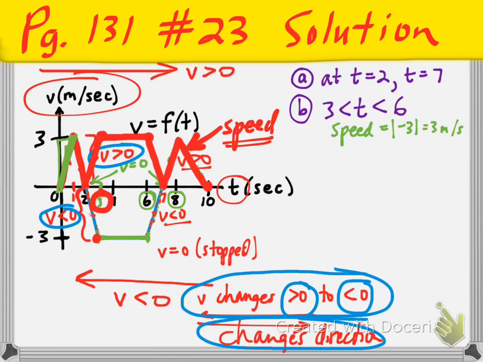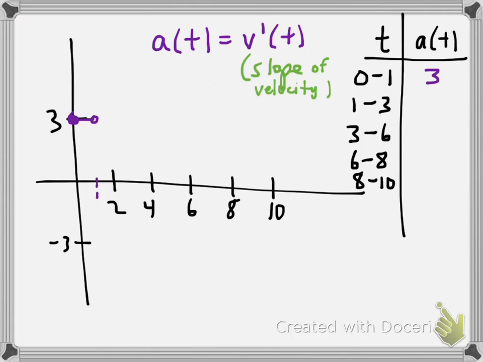So the derivative of this curve is the slope of this curve, and the slope is 3 in between t equals 0 and t equals 1. Likewise, the slope is negative 3 in between t equals 1 and t equals 3. And so we fill in the chart in between t equals 1 and t equals 3. The slope of the velocity curve is negative 3.